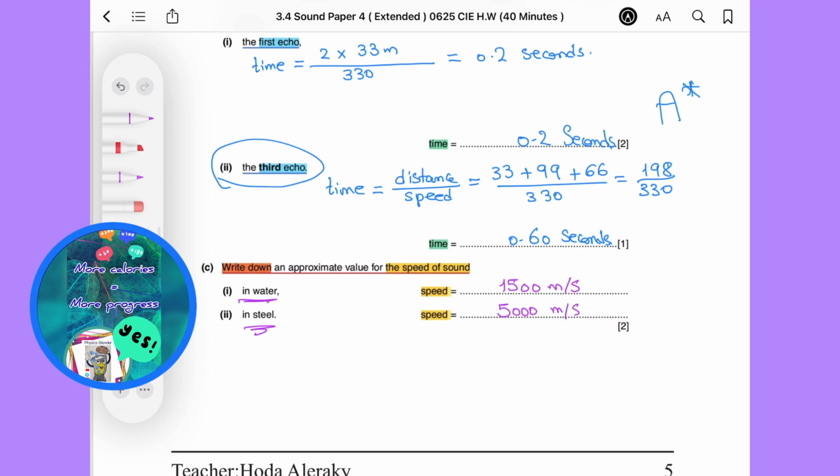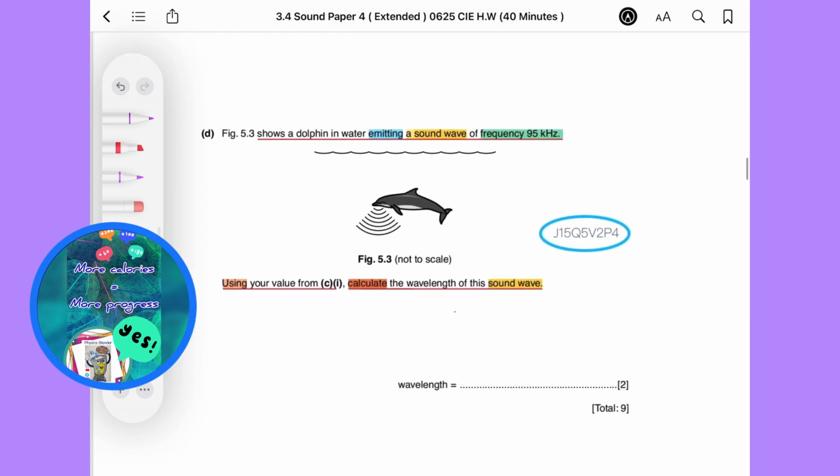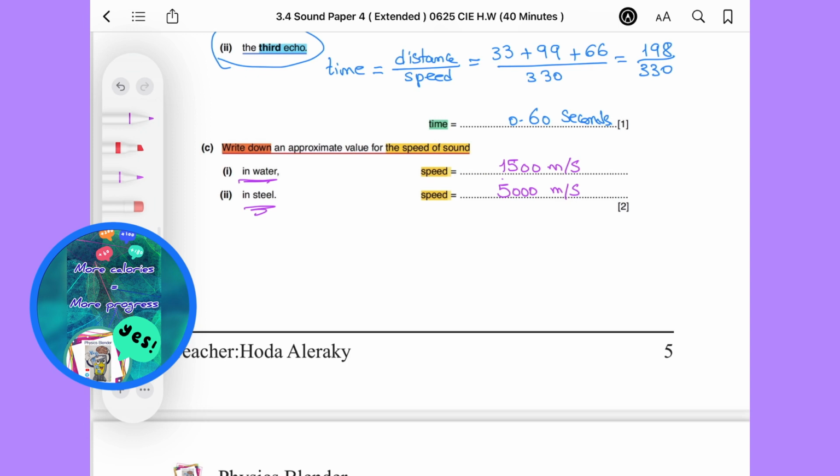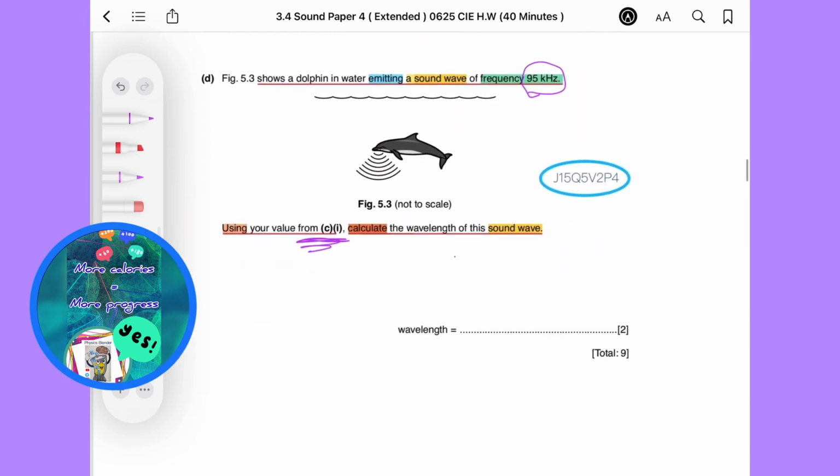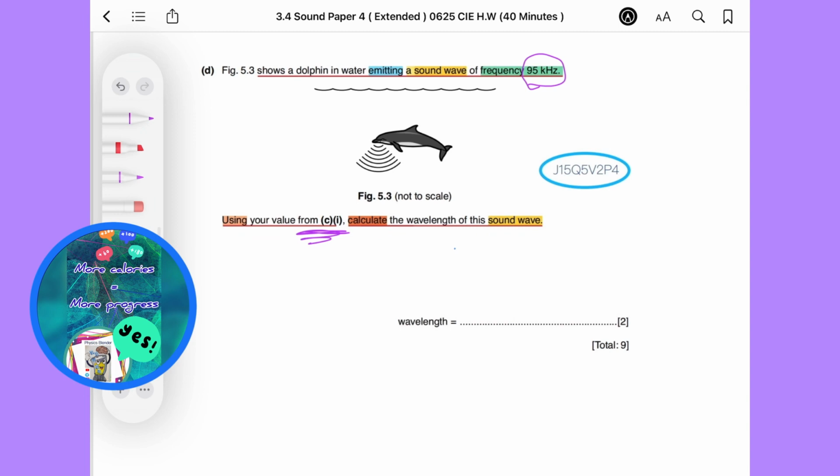Okay, the last part showing a dolphin in water emitting sound waves of frequency 95 kilohertz. Using your value from part (c), the speed of sound in water you mentioned here, you will use it to find the wavelength of sound waves. According to the wave equation, if you rearrange, you have to substitute your value, which is 1500 meters per second, but check that the frequency should have consistent units.